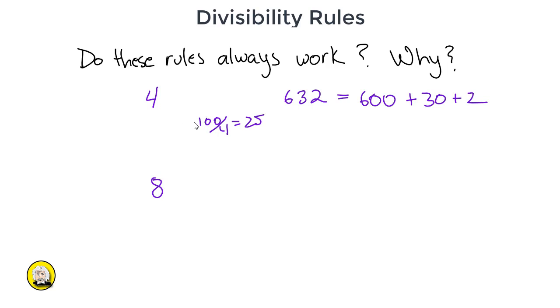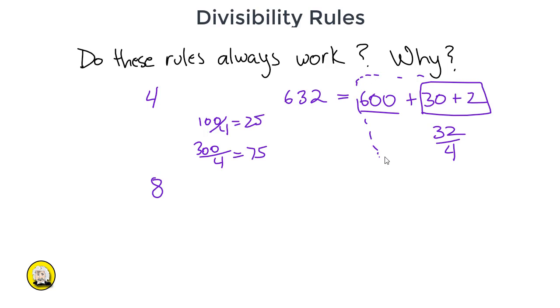Any multiple of 100, 300, will be divisible by 4. So this part automatically is divisible by 4, which means I'm only checking the last part, the 32. And if that also is divisible by 4, then my whole number will be divisible by 4.